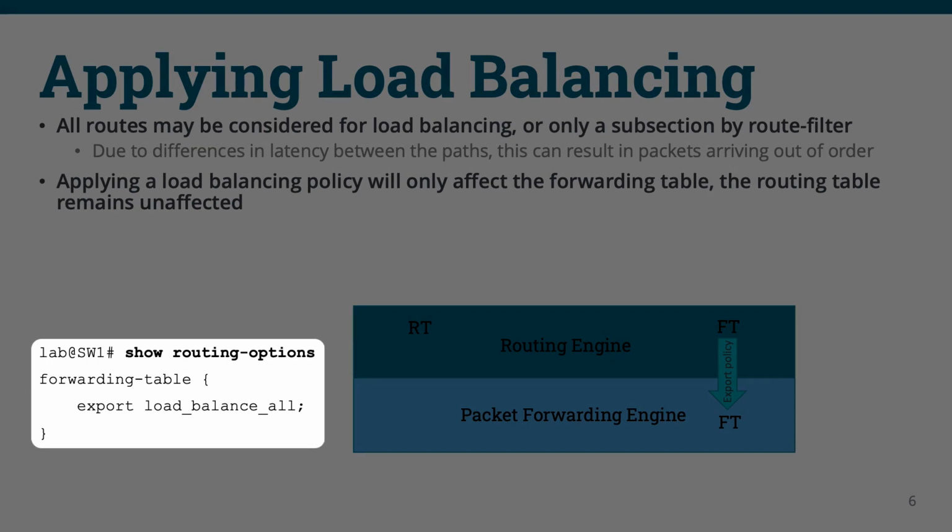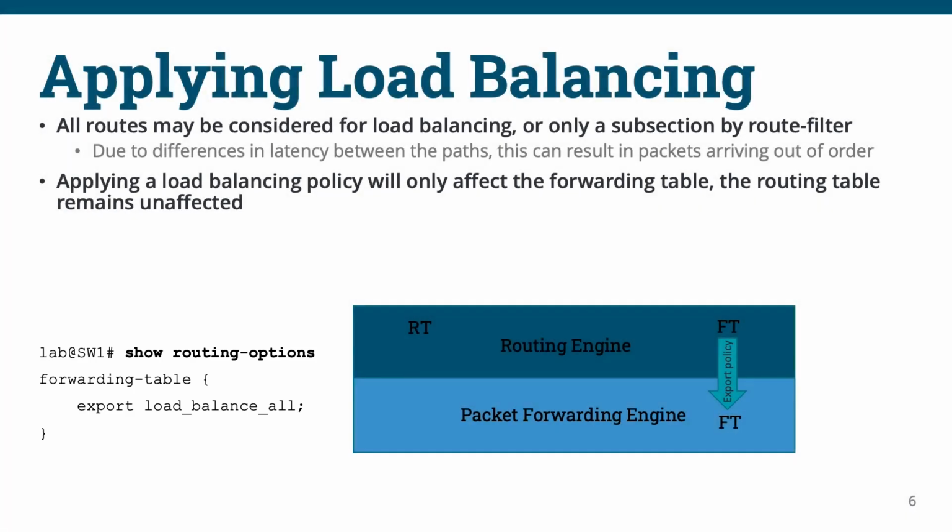In this case, we applied the policy load-balance-all, which was simply a policy that matched all routes and enabled load balancing on them. This will allow all routes which have equal cost paths towards the destination to be load balanced between those next hops. Had we applied the load-balance-some policy, only a subset of the destination prefixes would be load balanced.